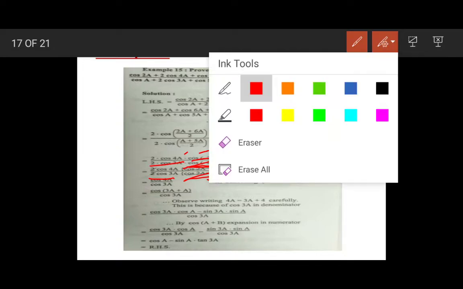From the denominator I am taking 2 cos 3a common. Here I am getting cos 2a again, since cos minus theta is cos theta, and plus 1. So cos 2a plus 1 cancels, and the 2 cancels. So I am getting cos 4a upon cos 3a.